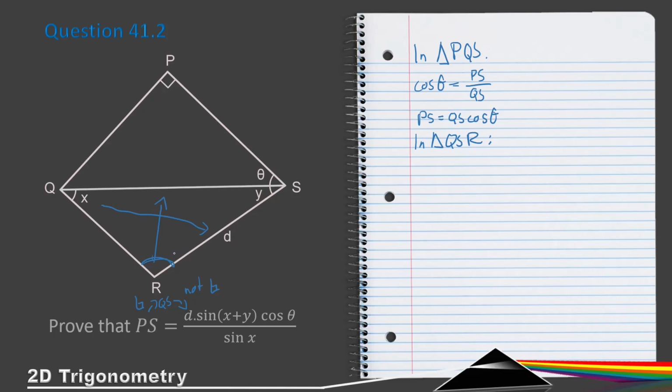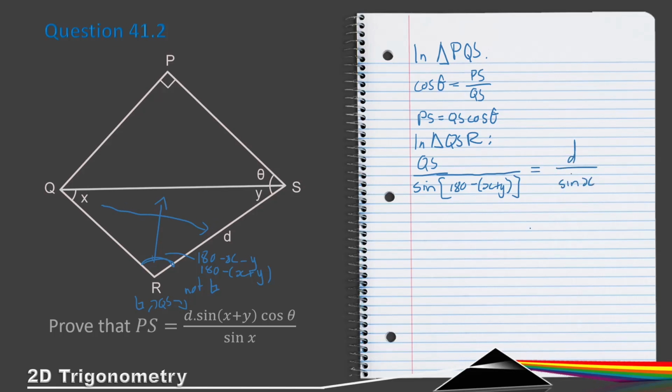We can just use angles of a triangle, which is 180 minus x minus y. And I'm just going to simplify that again by saying 180 minus x plus y. All right. So using the sine rule, I want QS. So QS over sine of this 180 minus x plus y is equal to D over sine of x.